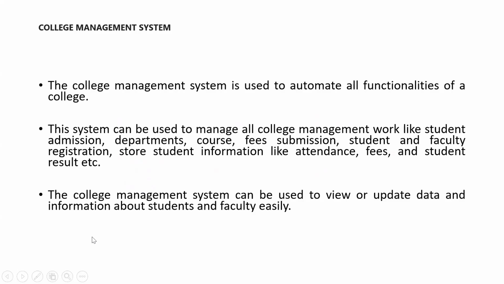Let us take an example of college management system. The college management system is used to automate all functionalities of a college. This system can be used to manage all college management work like student admission, departments, course, fees submission, student and faculty registration, store student information like attendance, fees, and student result.